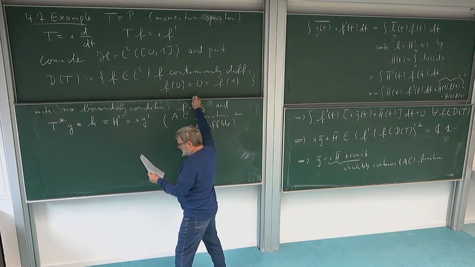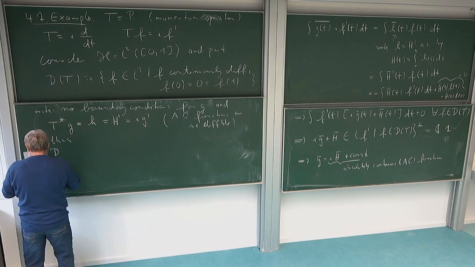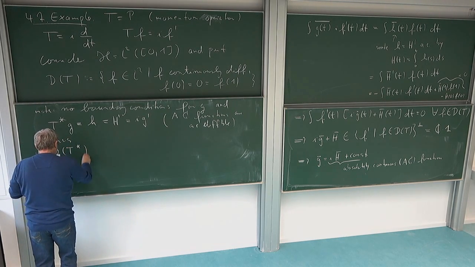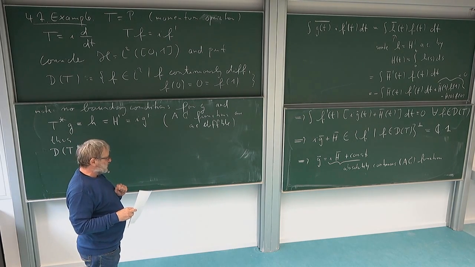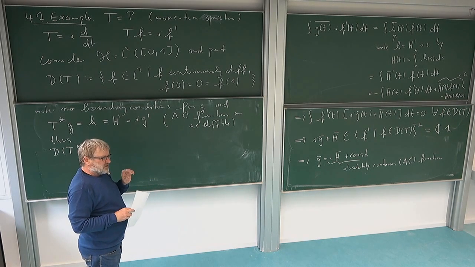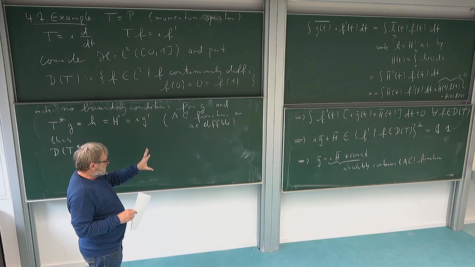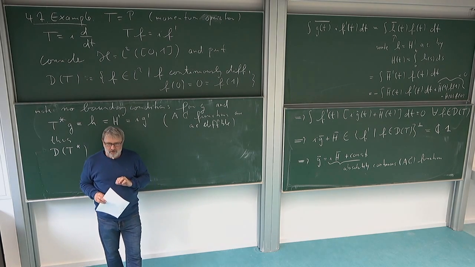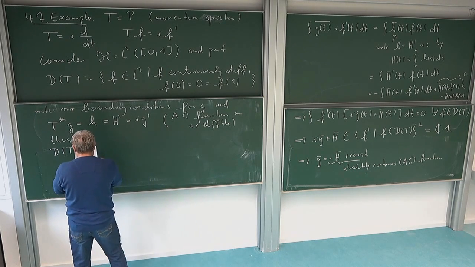So what we have seen here is that the domain of T star consists of functions which are absolutely continuous. I mean, at the moment we have not really seen that the domain is equal to this, because we only have seen what an element G in the domain of T star has to satisfy, and we saw it must be absolutely continuous.